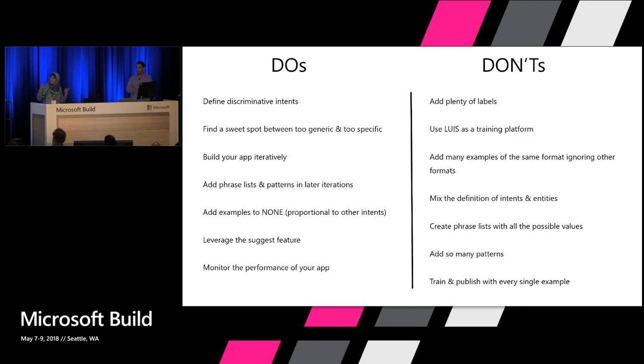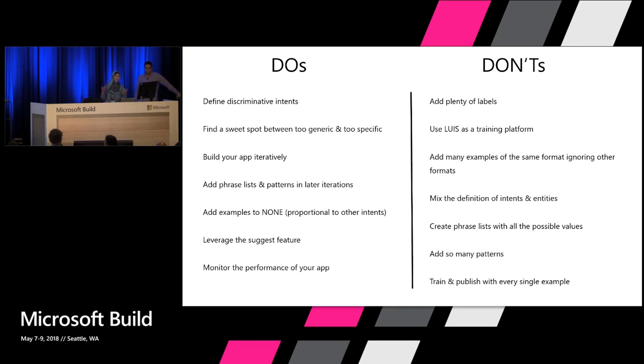So if it's hard for us as humans to discriminate based on the vocabulary, then it's hard for the machine as well. So this is the question that you need to ask yourself: how discriminative is the vocabulary within my intents? And based on that, you can make different decisions, and we provide you with different tools, different types of entities, different types of intents to make that decision.